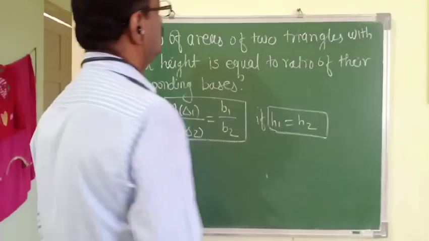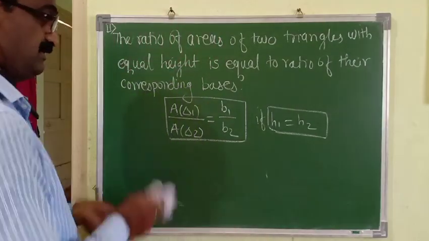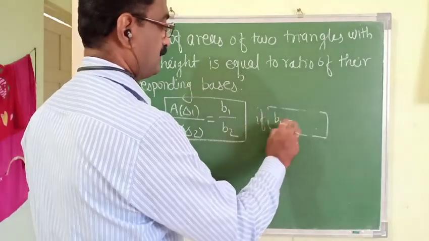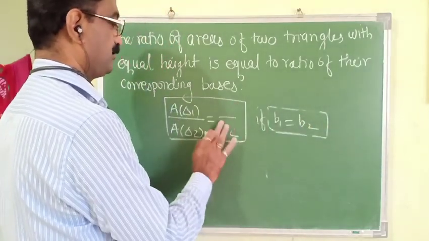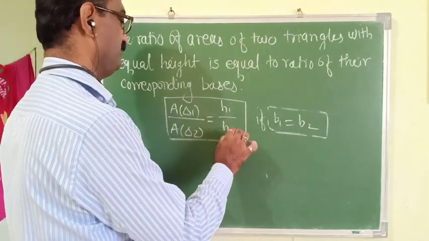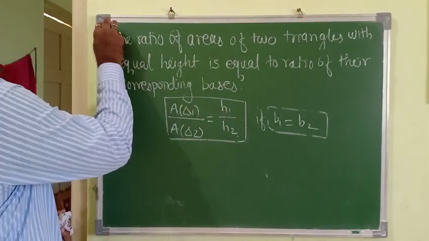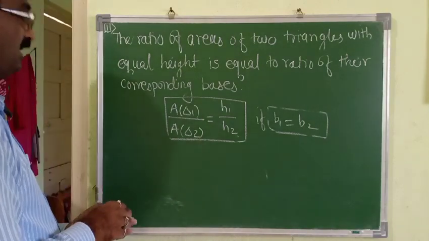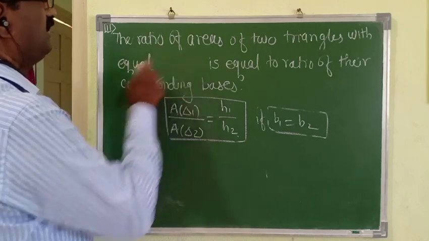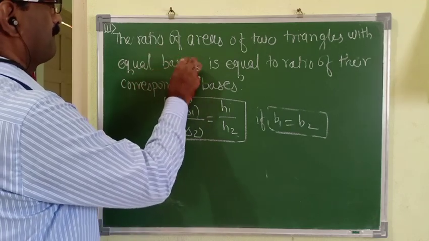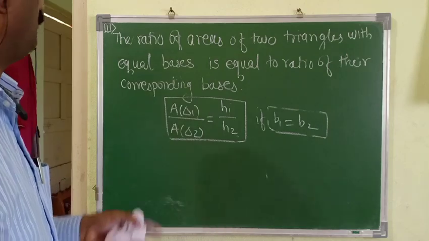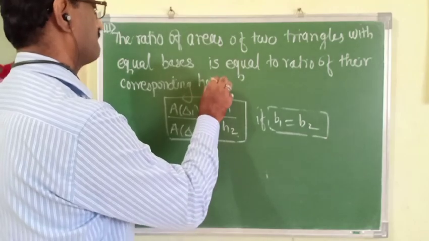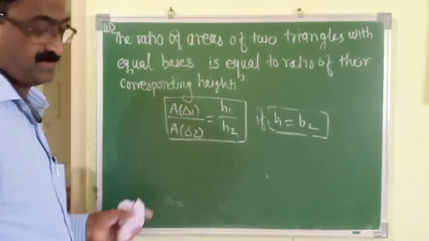Now see the third property. Instead of height being same, if the base is same, if B1 is equal to B2, then their areas are proportional to the corresponding heights. So the third property: the ratio of areas of two triangles with equal base is equal to the ratio of their corresponding heights. Write down that third property.